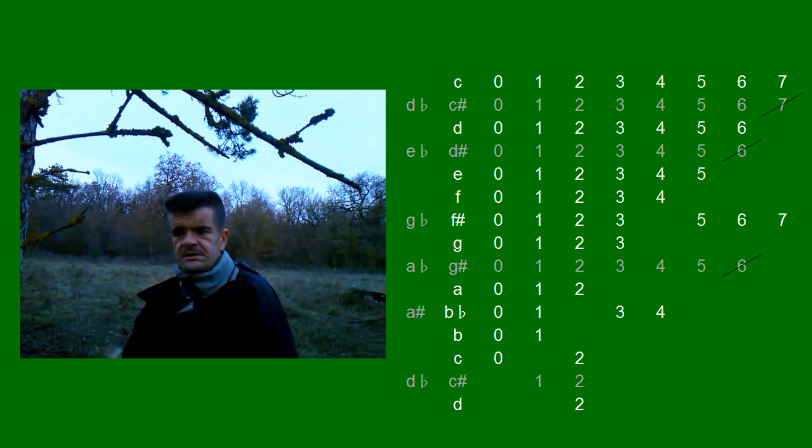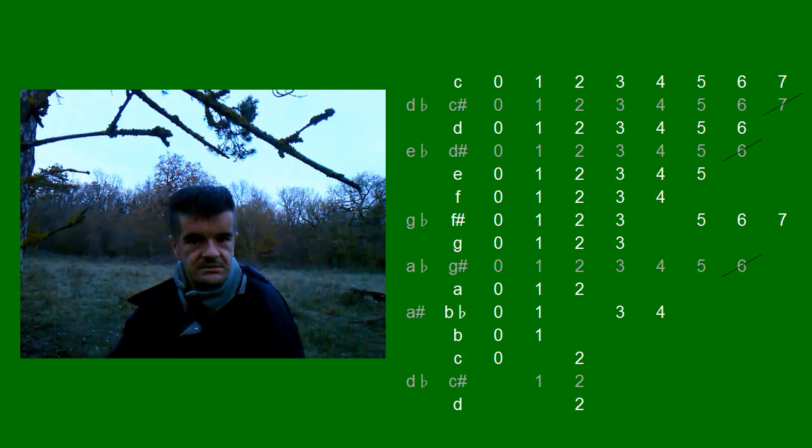Now, the other thing I was going to mention: the B in Middle and Eastern European languages is called H, and B flat is called B. So sorry when I say H, it's not because I'm stupid or something like that.